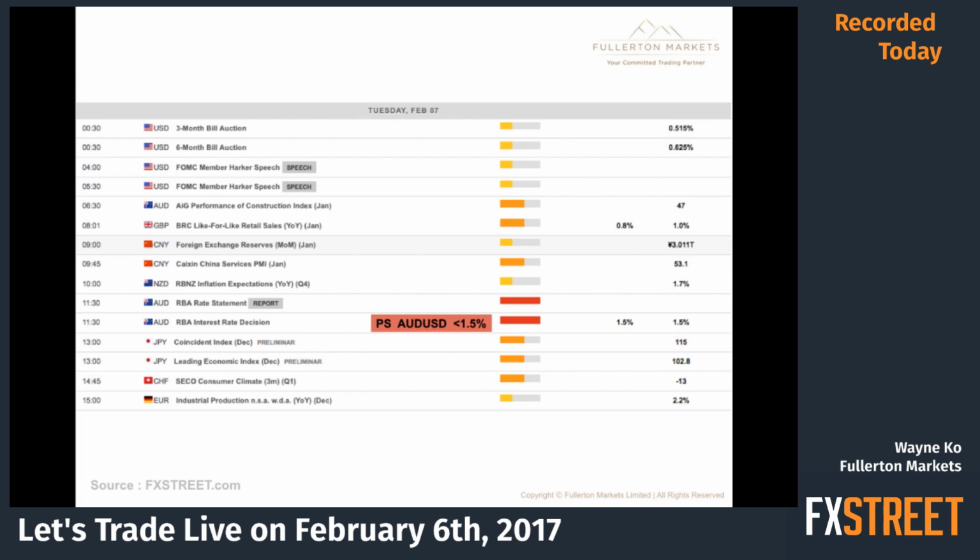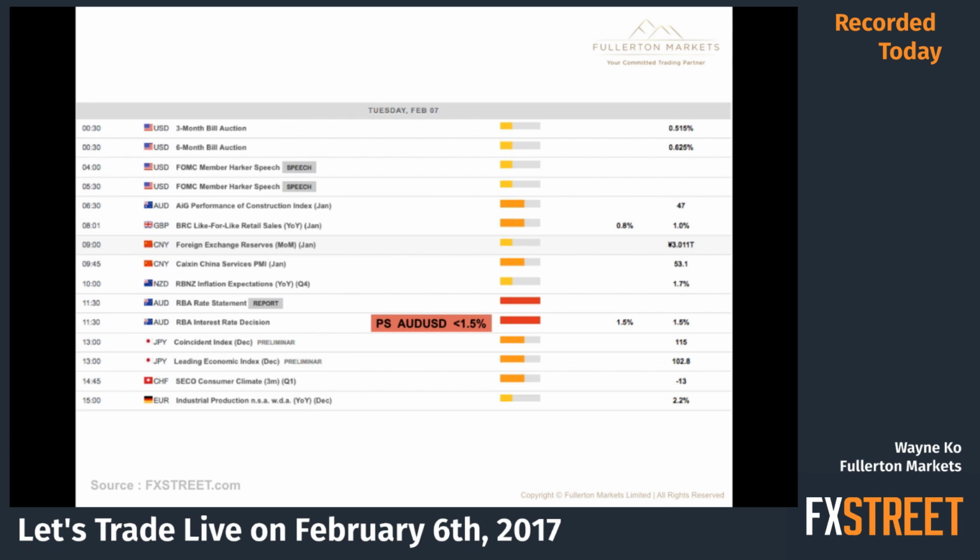Their current interest rate is expected to be maintained at 1.5%. However, here is a suggestion in case the central bank decides to surprise with a rate cut. This is a pending short Aussie dollar suggestion if the actual interest rate is less than 1.5%. As usual, since this is preparing for a surprise, the probability of that happening is low.